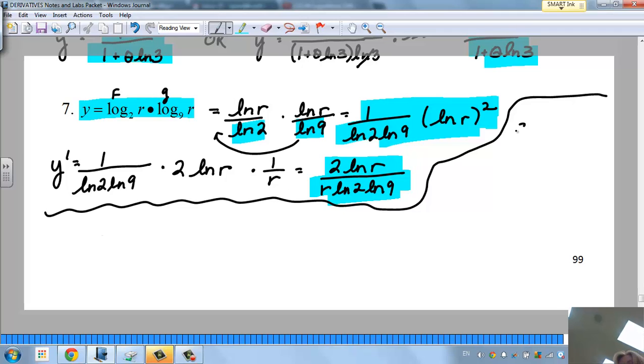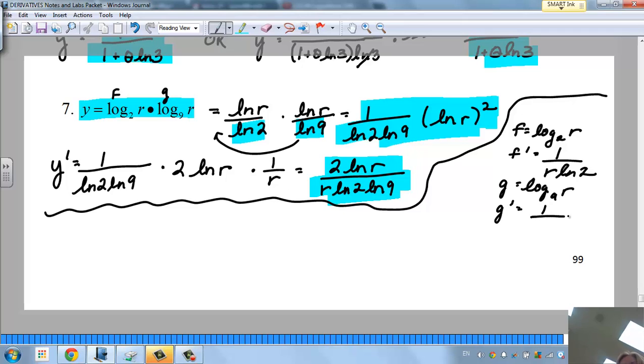So if I do that, f is going to be log base 2 of r. F prime is going to be 1 over r natural log of 2, because that's the derivative of log. G is log base 9 of r, so g prime is going to be 1 over r natural log of 9.